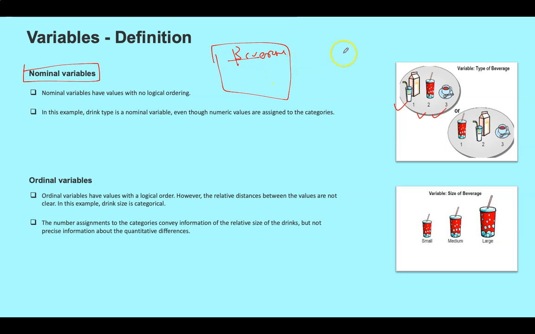So this is called a nominal variable. An ordinal variable is one more step further. When you order milk, there are certain categories: small, medium, and large. So this is called an ordinal variable. I hope you understood.